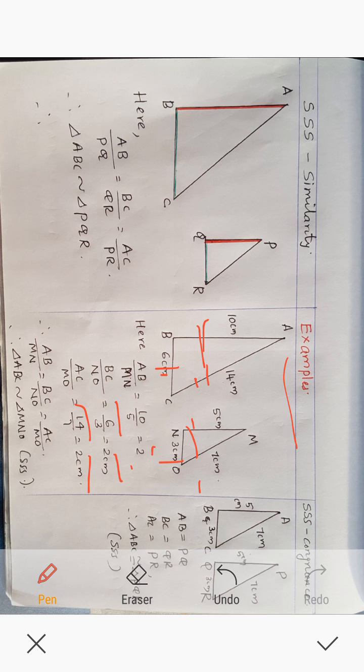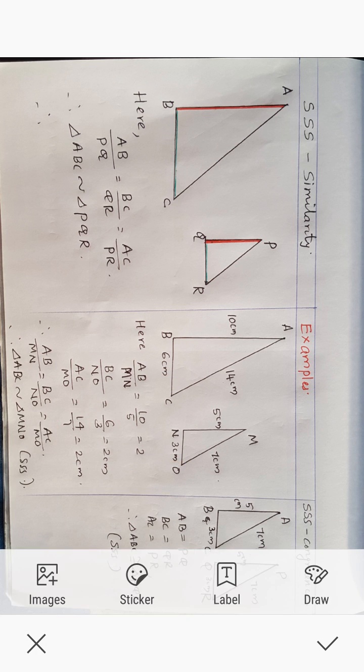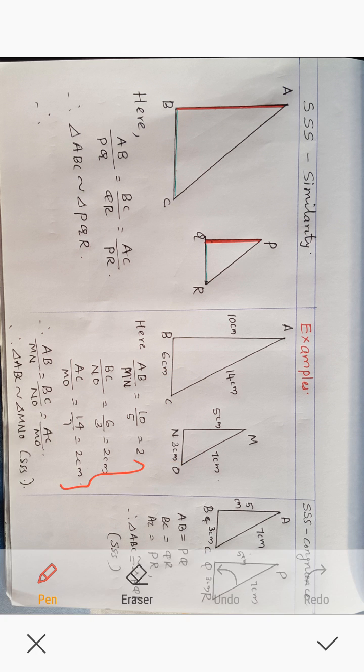And AC by MO equal to 14 by 7 equal to 2. See, these three ratios are equal to 2. So we can say AB by MN equal to BC by NO equal to AC by MO. Ratio of the three sides are equal. So we can say the triangles are similar by SSS similarity.